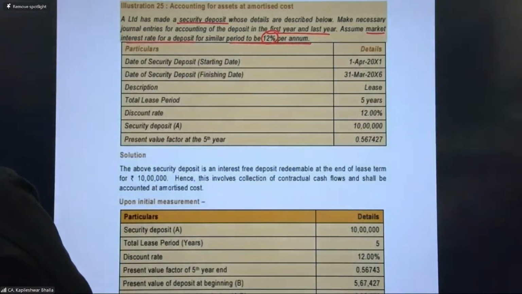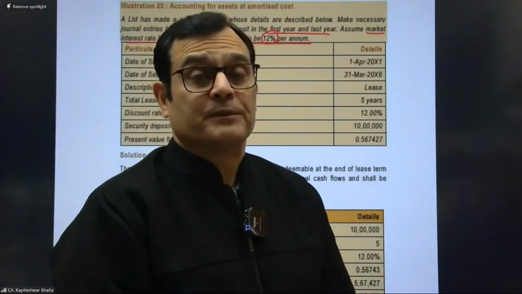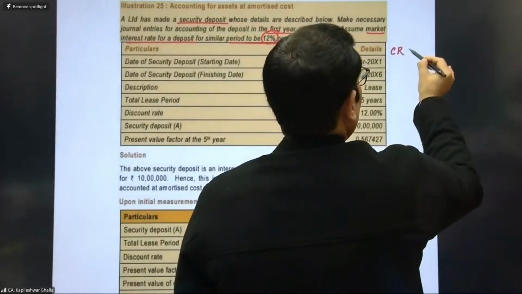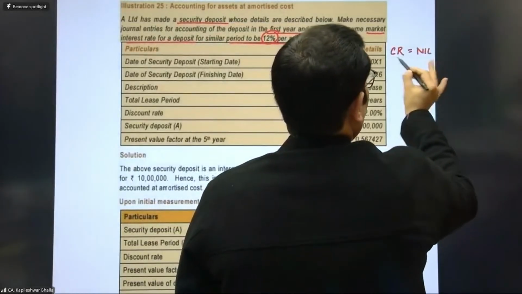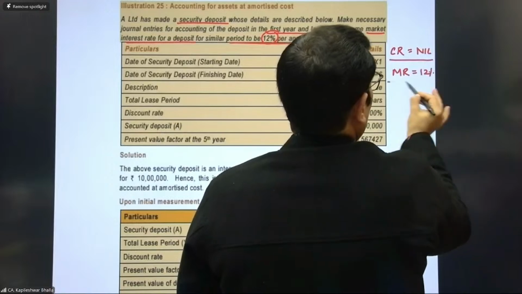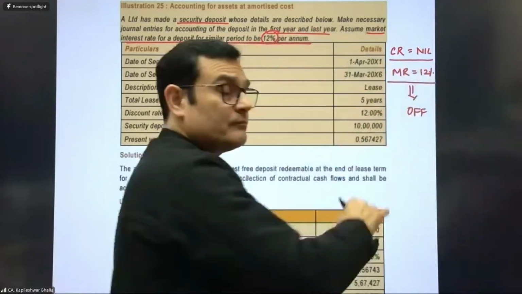Now we can very clearly see in this particular case that no interest is given on this deposit. Though it is not explicitly stated, we are not given any interest rate, which means the contracted rate in this particular case is 0. And the market rate of interest is 12%, which implies it is an off-market transaction.